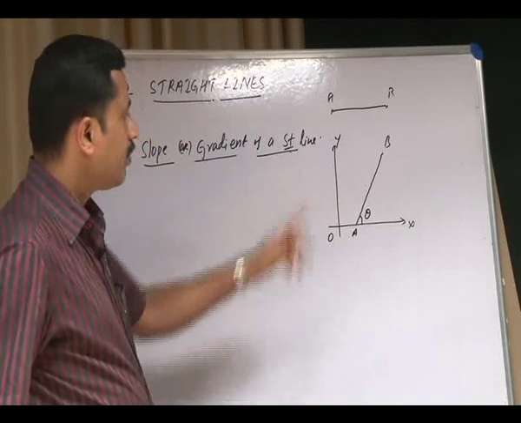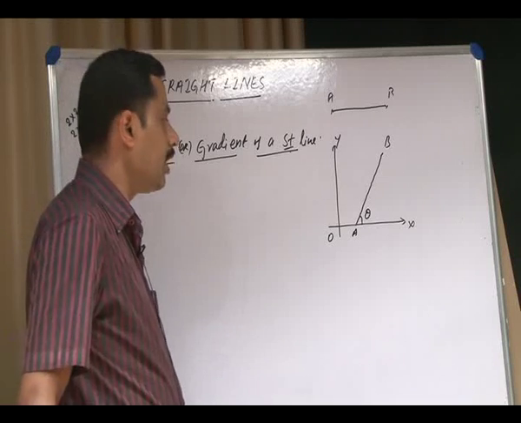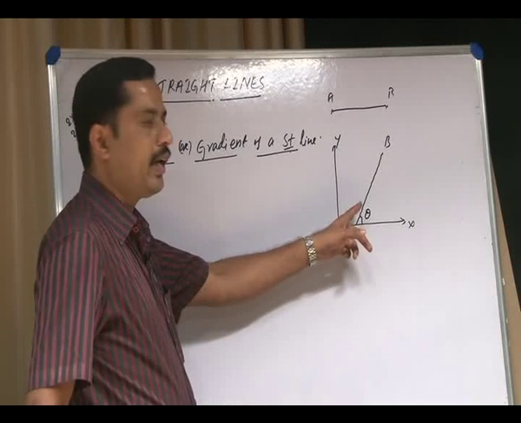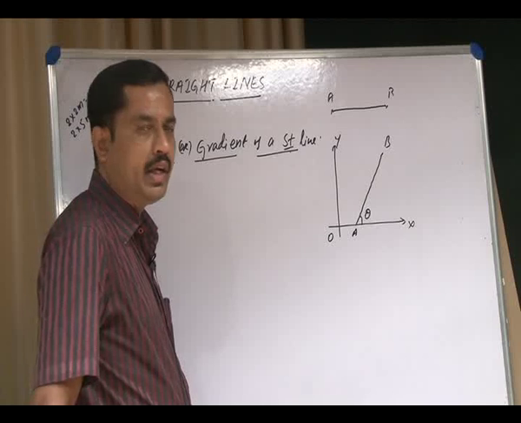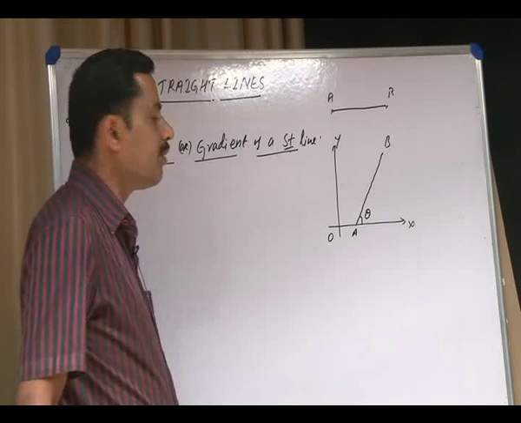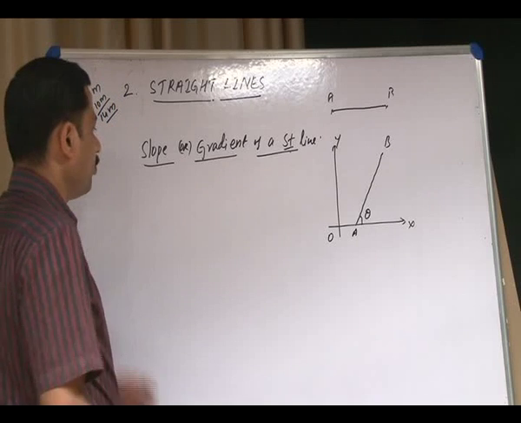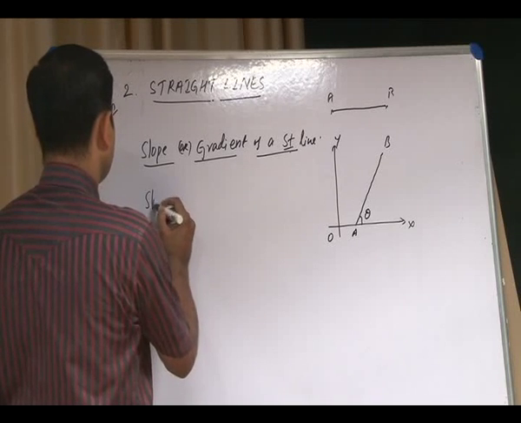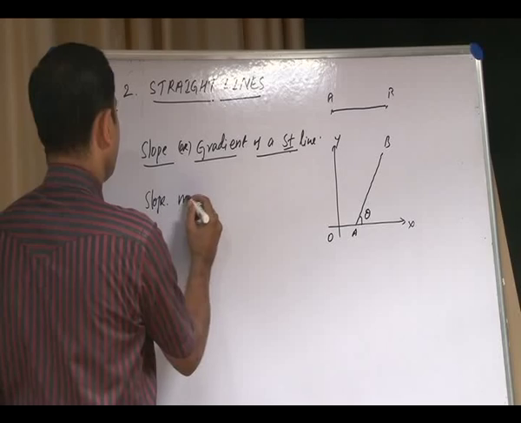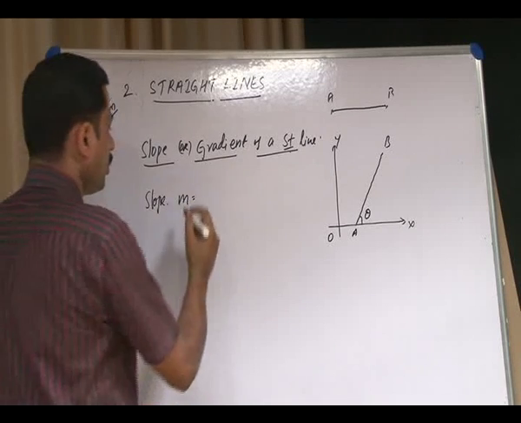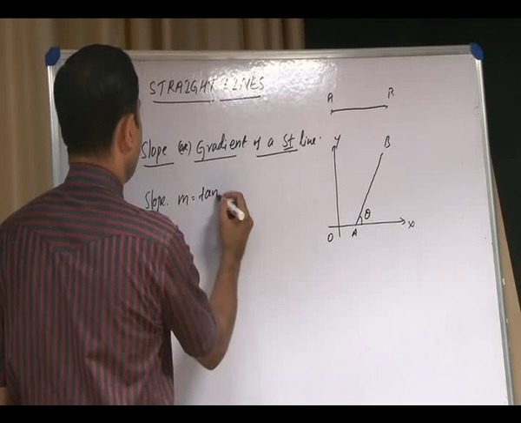Then the slope of this straight line is given by the tangent of the angle theta, and it is denoted by the letter small m. That is, slope m is equal to tan theta.